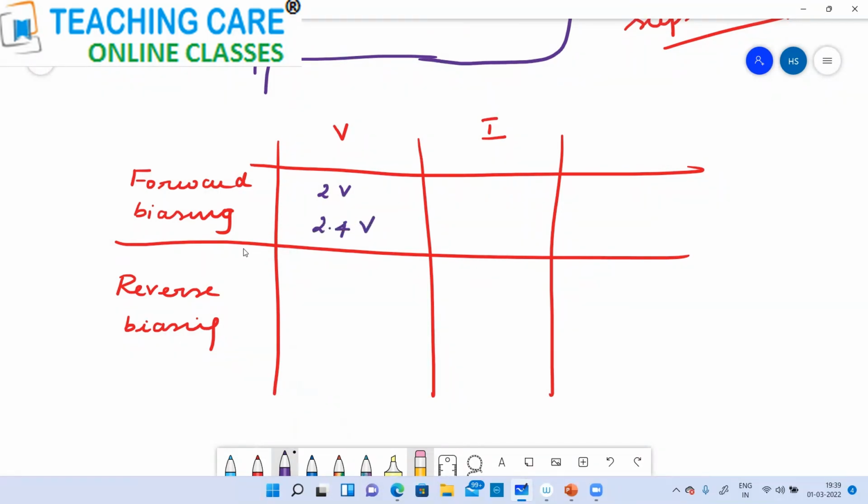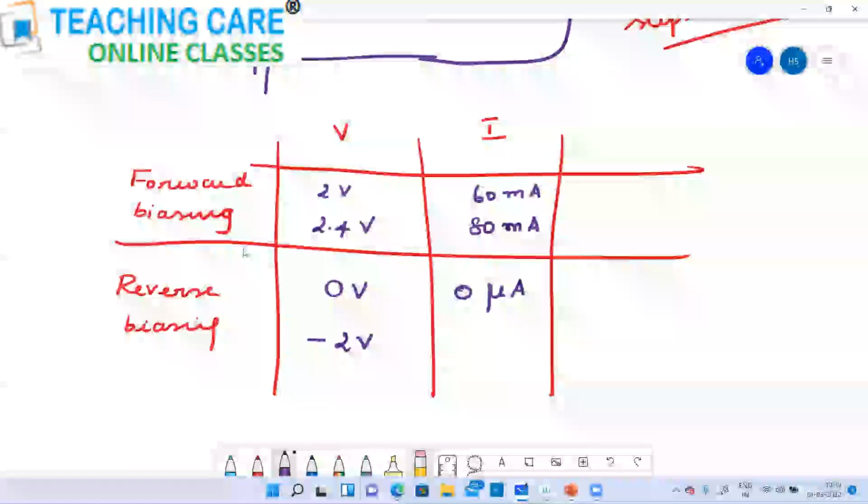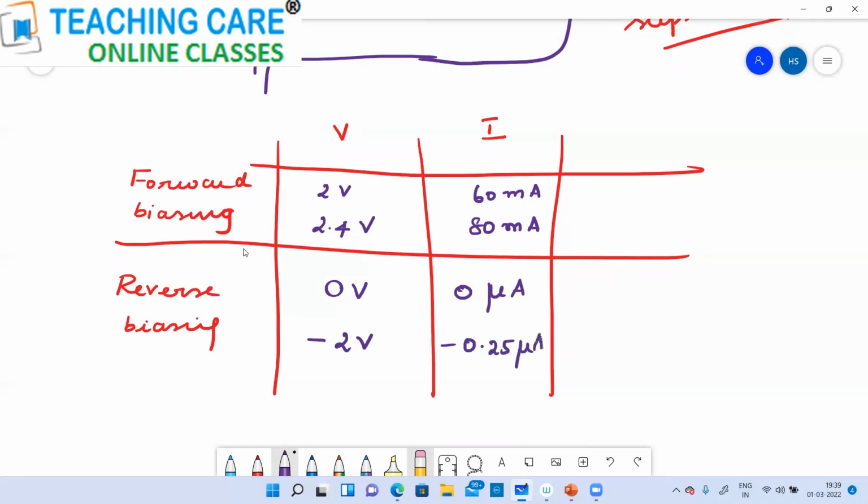This is a board question. 0 volt, 2 volt, 60 milliampere, 80 milliampere, 0 microampere, minus 0.25 microampere.